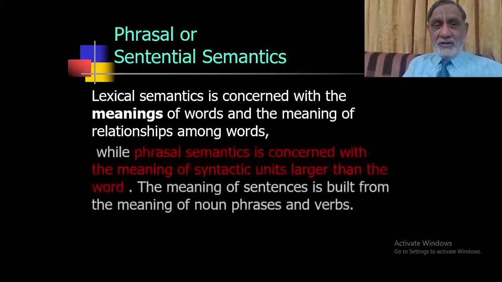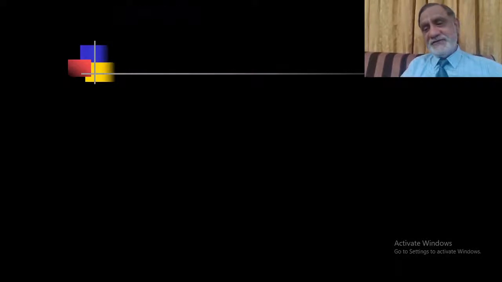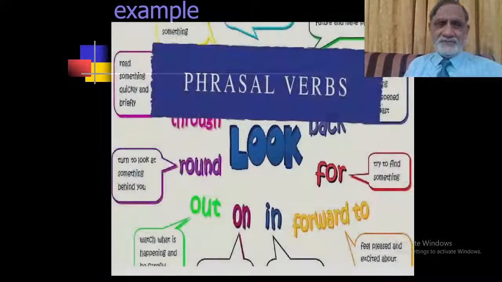However, phrasal semantics is concerned with the meaning of syntactic units larger than words, phrases and sentences. The meaning of sentences is built from the meaning of noun phrases and verb phrases. This we discussed in our previous video on a different topic.